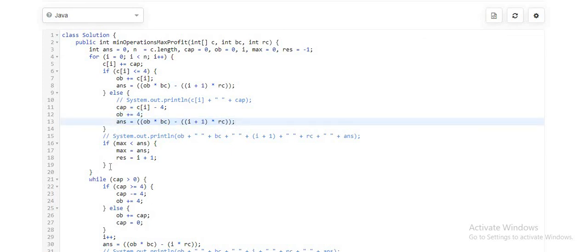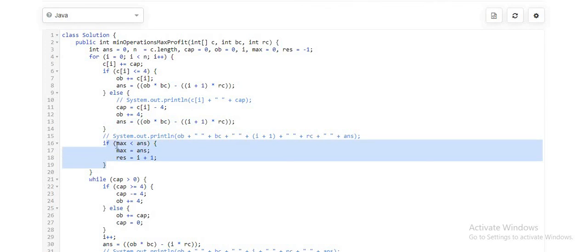After that, I will check if the maximum value is lesser than the current profit. Accordingly I will update my max value, and also I have to keep the result for that particular index or particular shift operation.